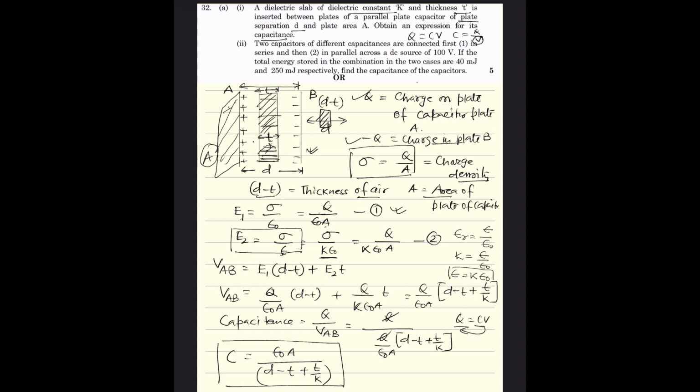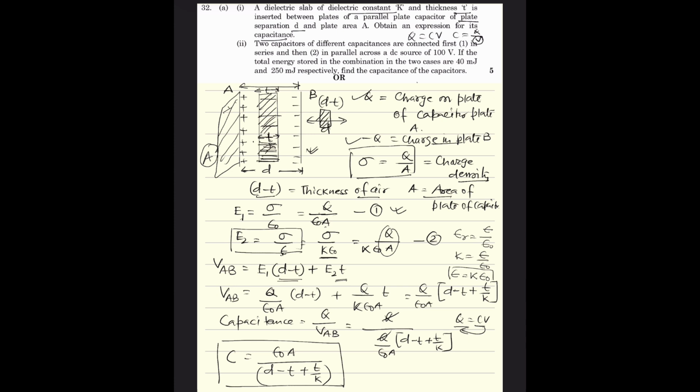Now, if we put the value of sigma as Q by A, then it is Q by K epsilon 0 A, correct? Now, what is the total work done? Work is equal to intensity into distance. So in air we have to move the charge by a distance d minus t, and in the dielectric by a distance equal to the thickness of the slab, E2 into t.